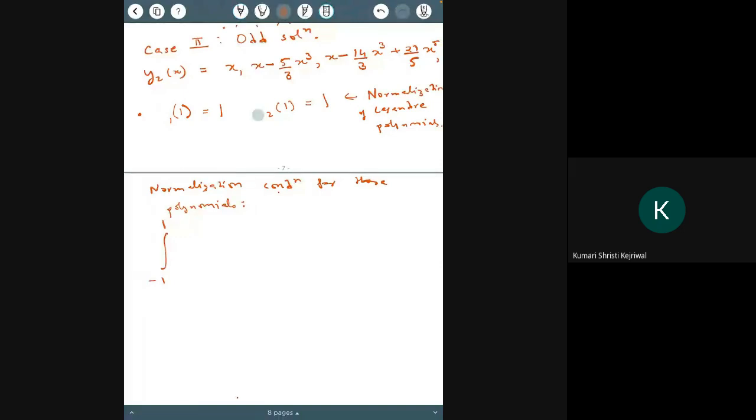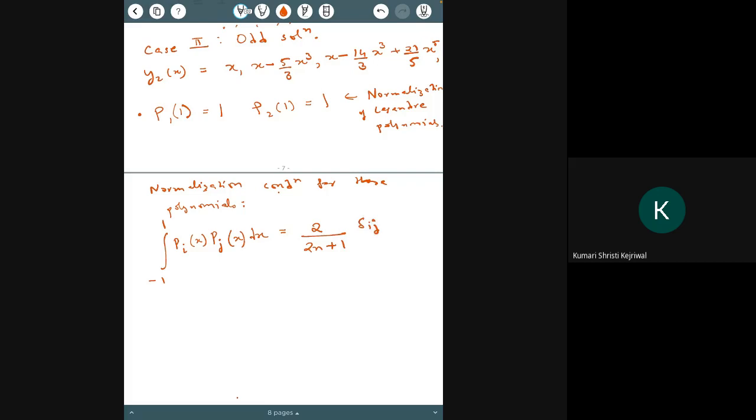I'll call them P, similar to R. The y's are not normalized. So this will be, let's say, Pi(x) Pj(x) dx is equal to 2 by 2n plus 1 delta ij.